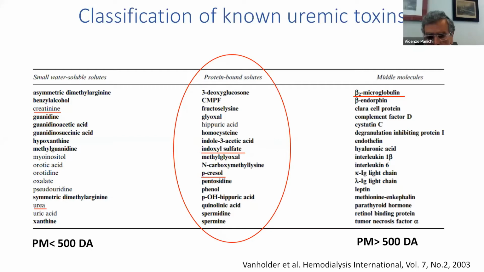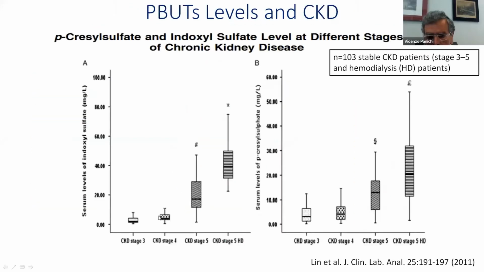As you can see in this slide, protein-bound uremic toxins are inversely related to renal function, and they increase in the latest stage of renal disease, CKD stage 5 and HD, with the highest levels of both p-cresol and indoxyl sulfate. And these toxins are 44- and 22-fold higher in CKD patients than in healthy volunteers.